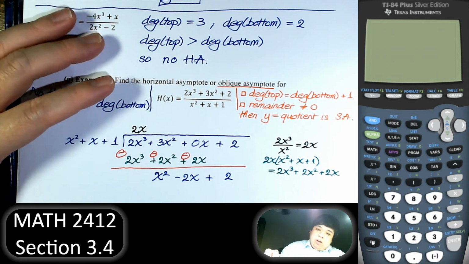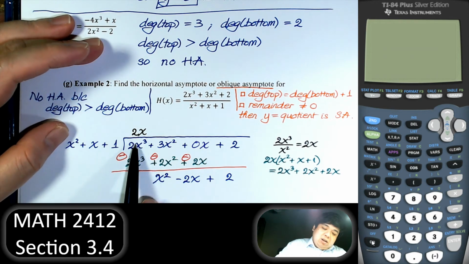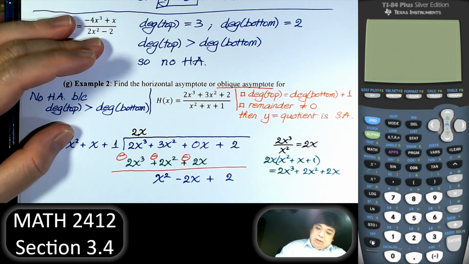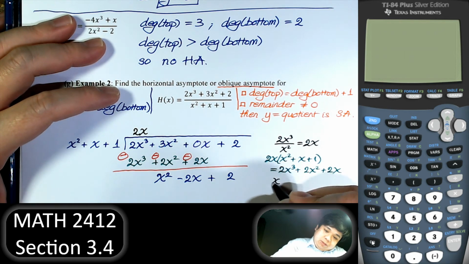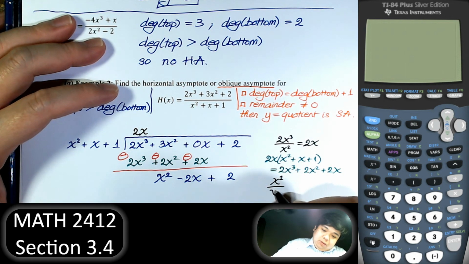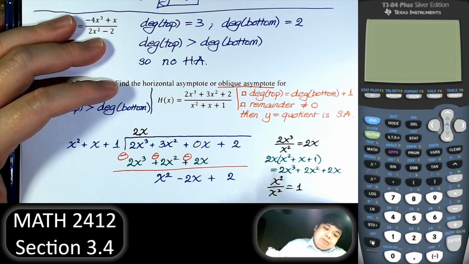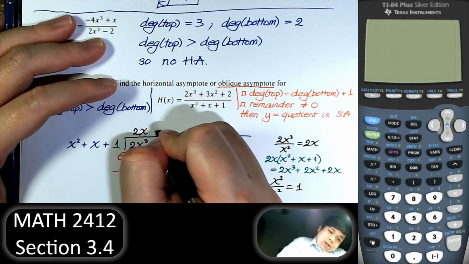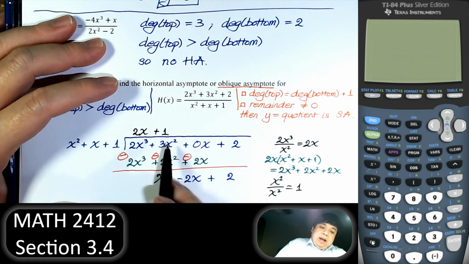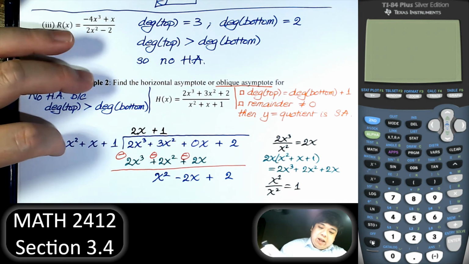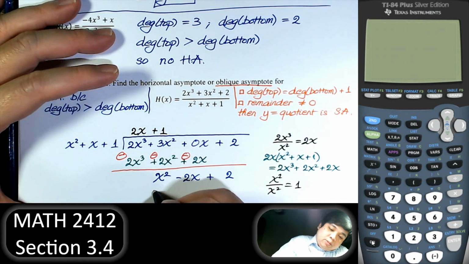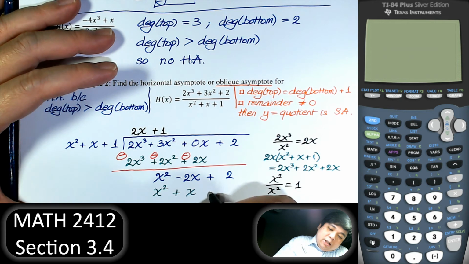Once again, we divide the highest terms, x squared by x squared, equal to 1. Then we multiply it back, 1 times x squared plus x plus 1.